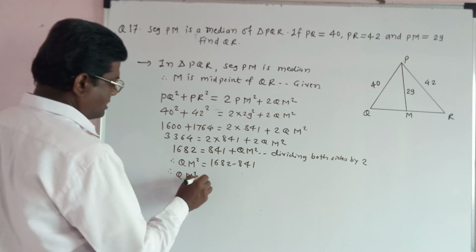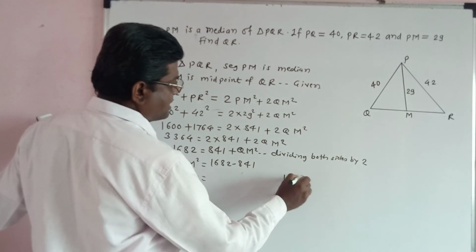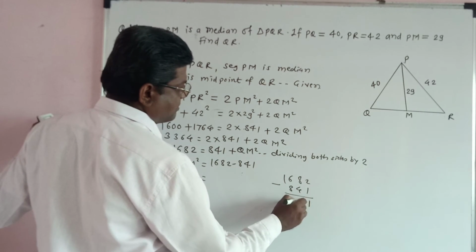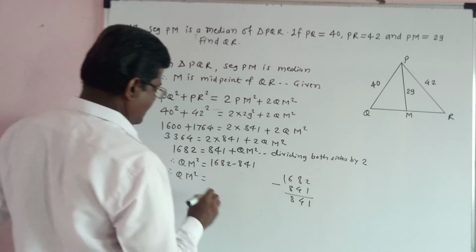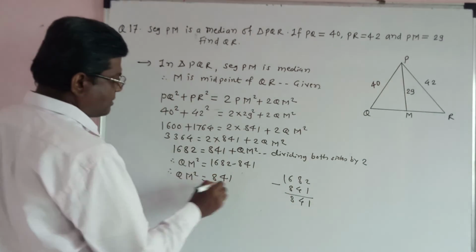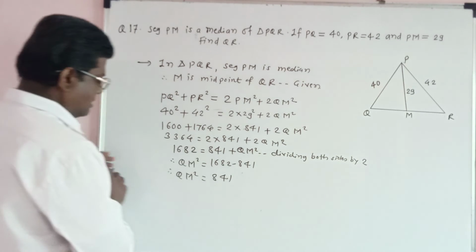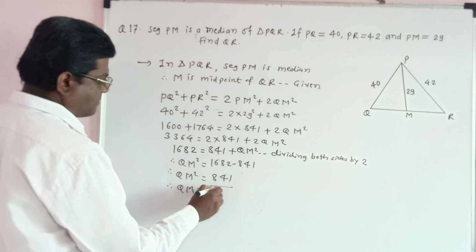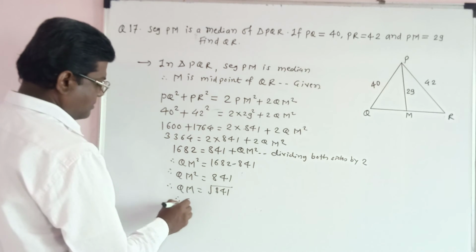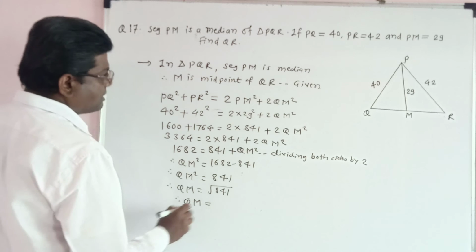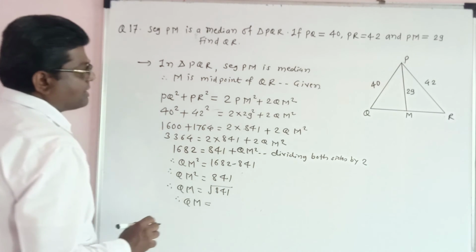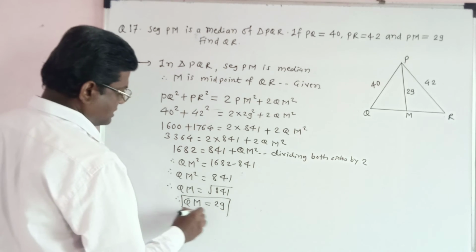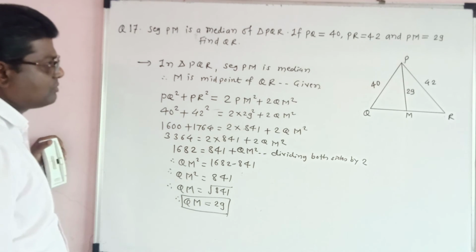Therefore QM square is equal to 1682 minus 841, which is 841. Therefore QM is equal to the square root of 841, which is 29. So QM is equal to 29.